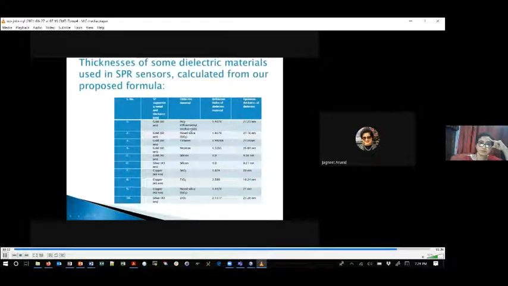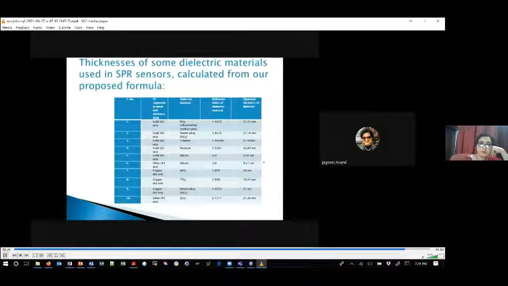It is seen that the optimum thickness increases as the refractive index decreases. And it is seen that the optimum thickness calculated using our proposed formula is in a very close match with the values reported by the researchers.